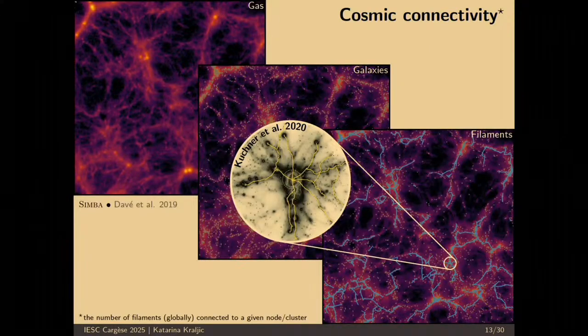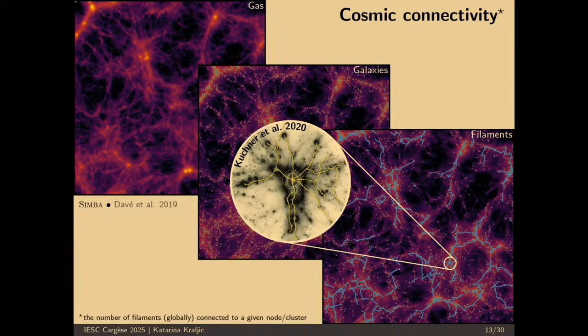Let me say a few words again about this cosmic connectivity, which I find very interesting. If you can see it, here I am showing the distribution of gas from the hydrodynamical simulation on large scales. You can clearly see, even by eye, these gaseous filaments that drive the material down to halos. Then on top of that, there are dots that appear.